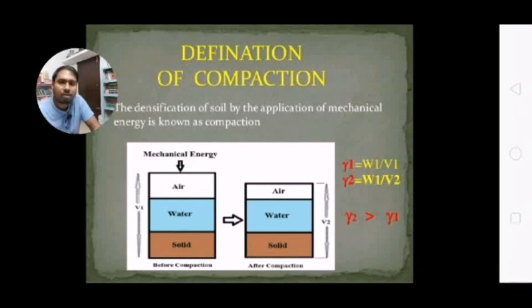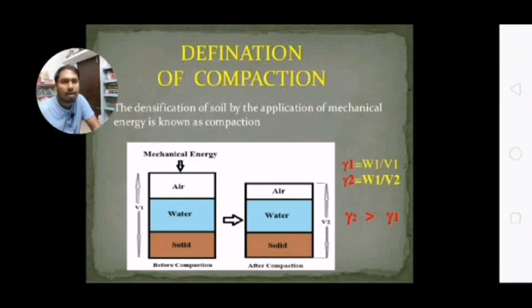So before and after applying the external force, the weight of the soil sample remains the same, because only the air gets extracted from the soil sample during the application of mechanical energy. On the right hand side we can see that gamma 1 is the initial density or initial unit weight of the soil sample, that is W1 by V1, and gamma 2 is the final density or unit weight of the soil sample, that is W1 by V2.